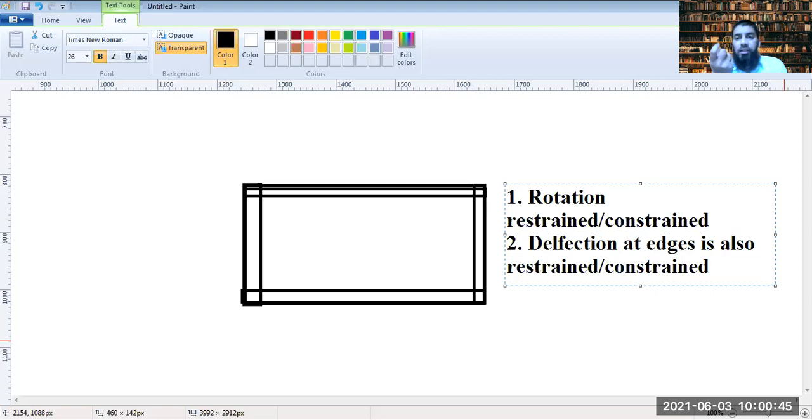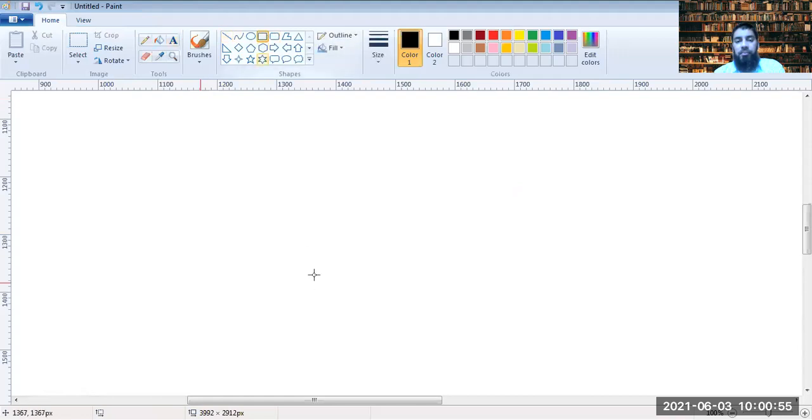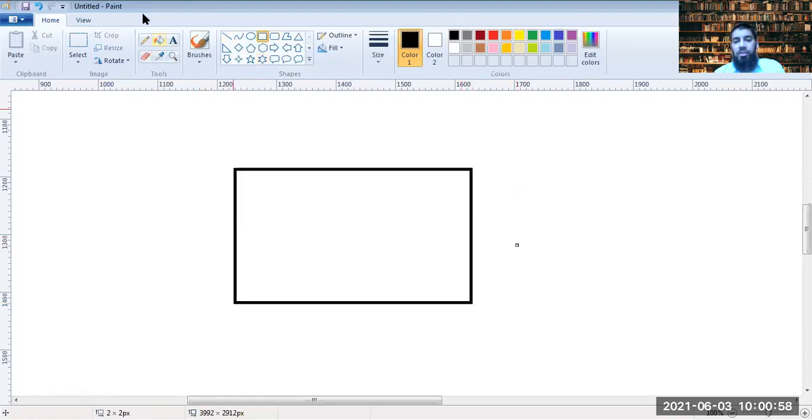Now, not only with the wall above it, there could be any other situation for the slab. For example, you have a column supported slab. This is a slab which is column supported.